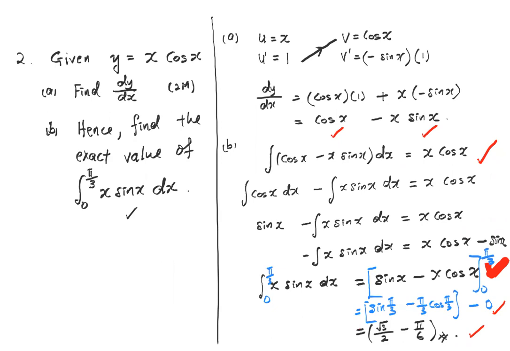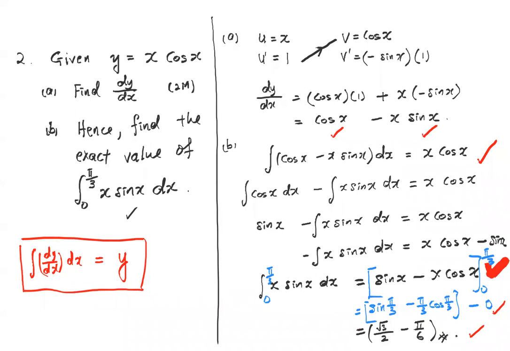Then always get this concept: integrate dy over dx, the gradient function with respect to x, and you get back the function itself. This is a very important concept in calculus. Then you break it into these integral rules, you rearrange, and you get whatever the question wants you to do.